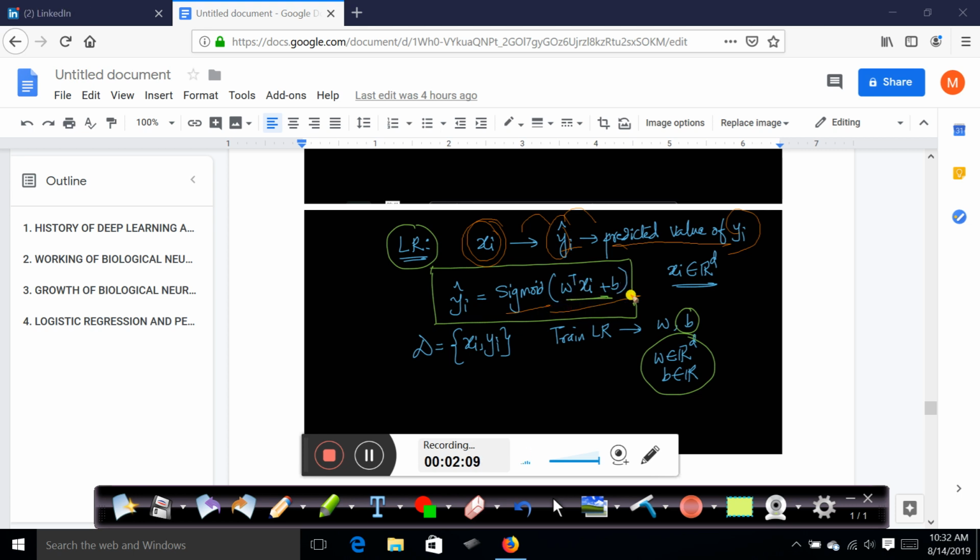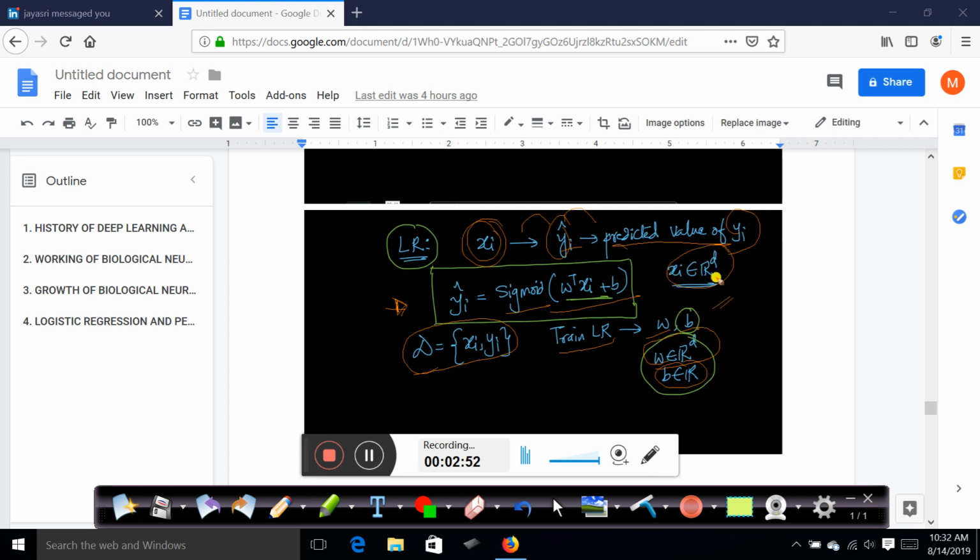If you have gone through logistic regression, or if you have any idea about it, you might be aware of all of this. It is really simple, and it is one of the prerequisites to watch this video. So for example, if we have a data set xi, yi and we have to train the model using logistic regression, we have to find a vector w and intercept b such that w belongs to R to the power d and b belongs to R. Here we suppose that our data set is d-dimensional.